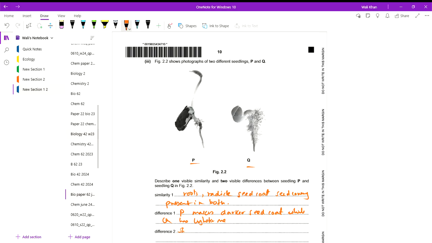Difference number 2, shoot and plumule visible in P. Q has no shoot or plumule.